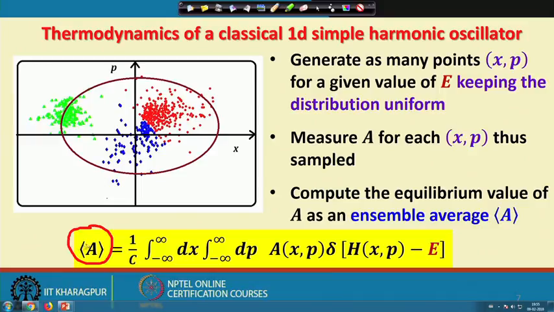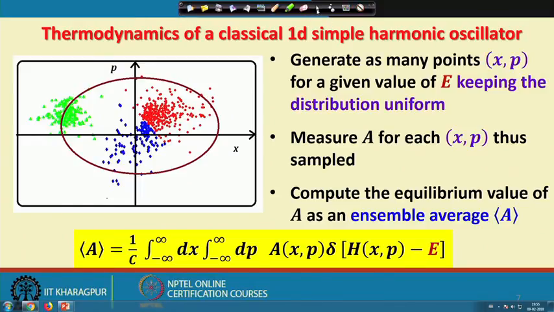This angular bracket represents an equilibrium value of A as obtained through an ensemble averaging, or obtained by adding up the values of A at different microstates at the different allowed regions of the phase space.